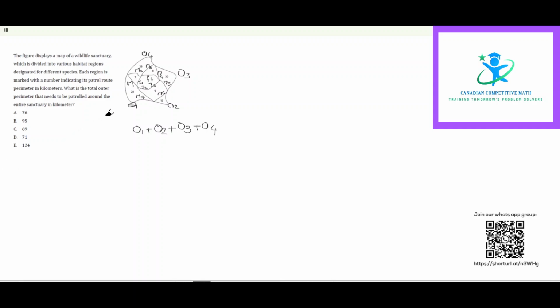So if you take this section here, this 28 section, that's O1 plus M1 plus M7 equals 28. Now O2 plus M6 equals 12.